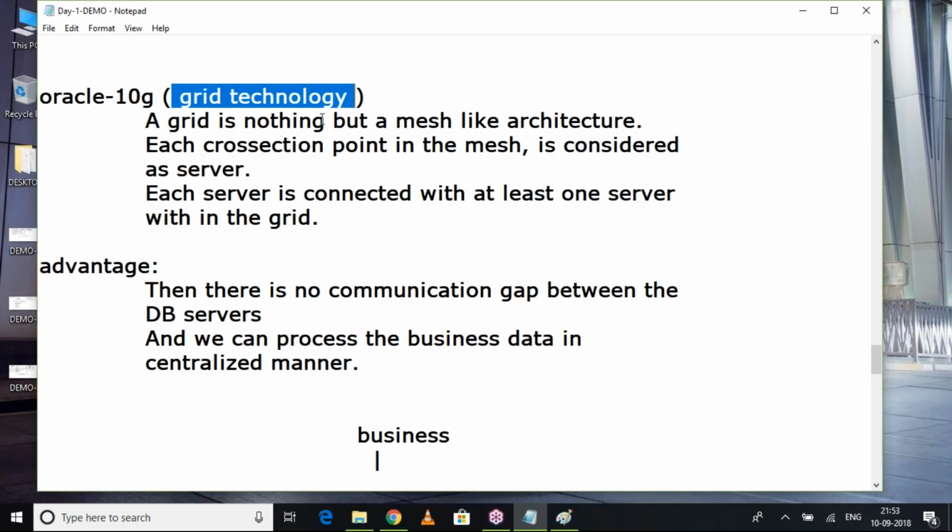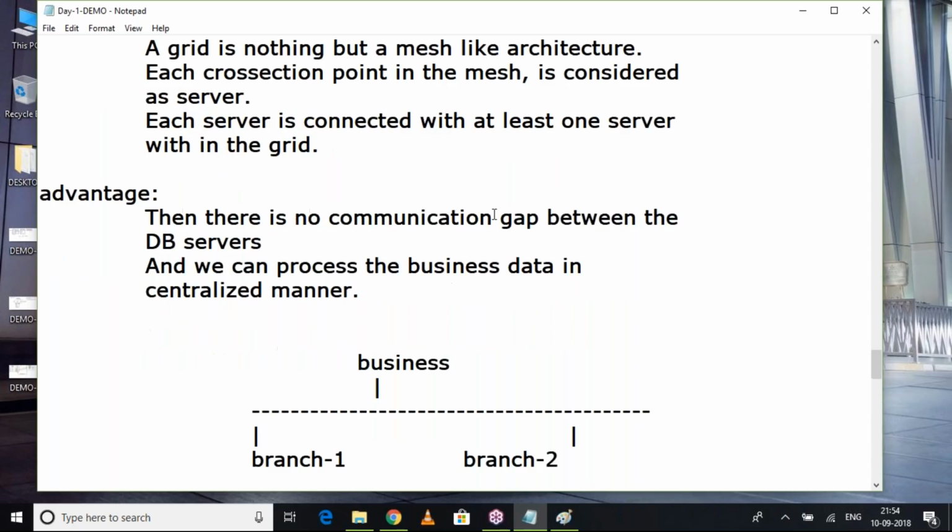If there is a heavy load from a branch, it can be managed by the load balancer under the grid. It's known as grid technology. And sharing of data from one server to another server is much faster in Oracle 10G.